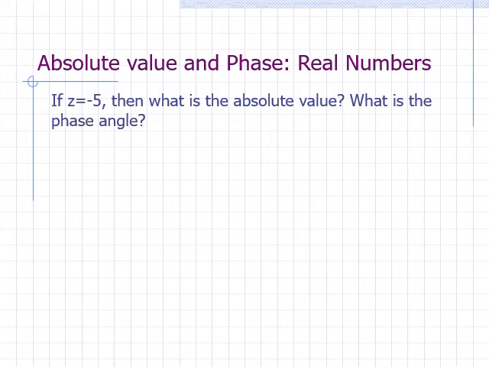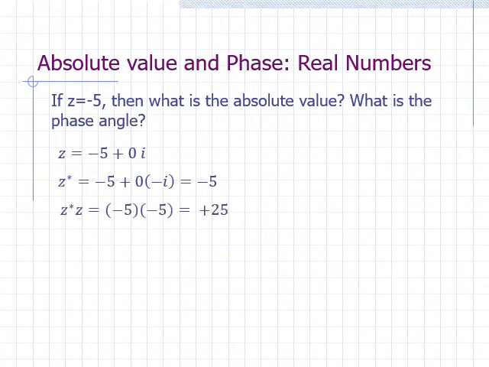If z is equal to negative 5, what are the absolute value and phase of z? We can write z as negative 5 plus 0 times i. Therefore, the complex conjugate is negative 5 plus 0 times negative i. It's also equal to negative 5. Remember that the complex conjugate of a real number is itself. Therefore, the square of the absolute value, z star times z, is equal to positive 25.